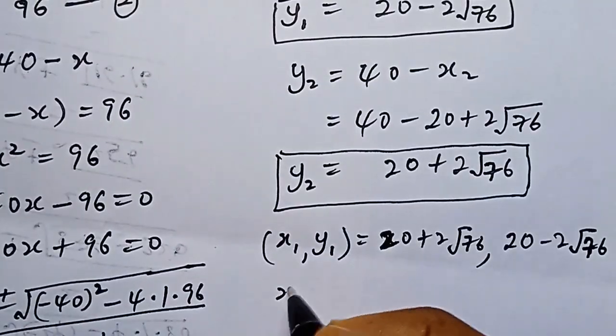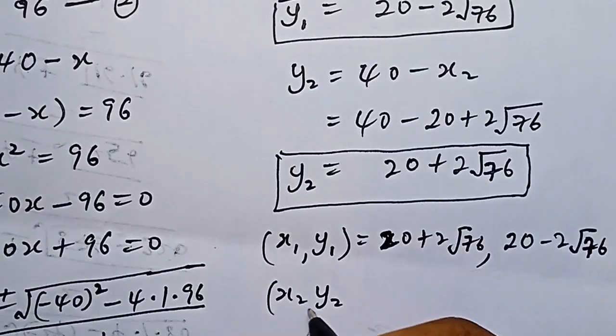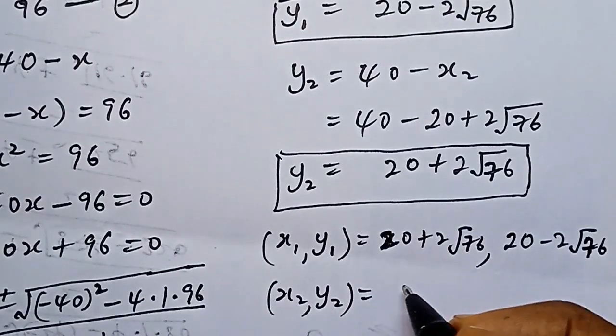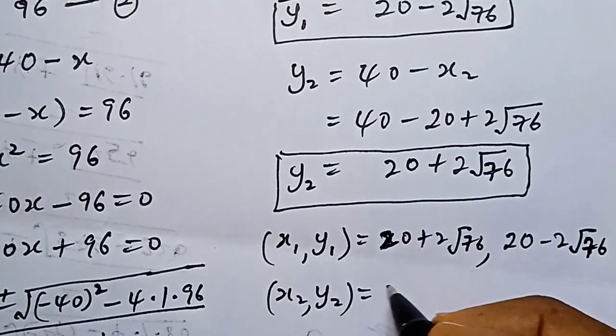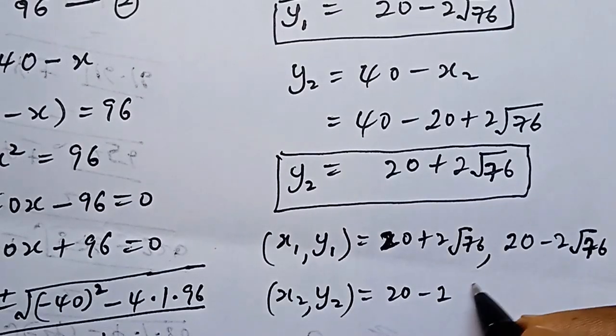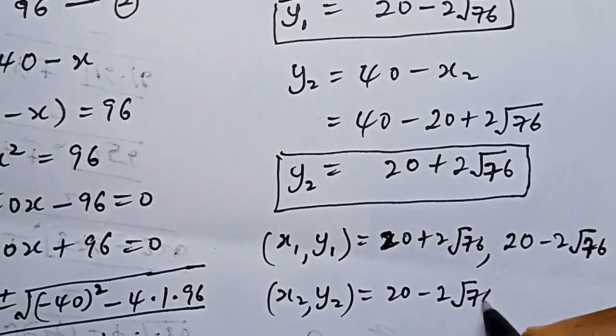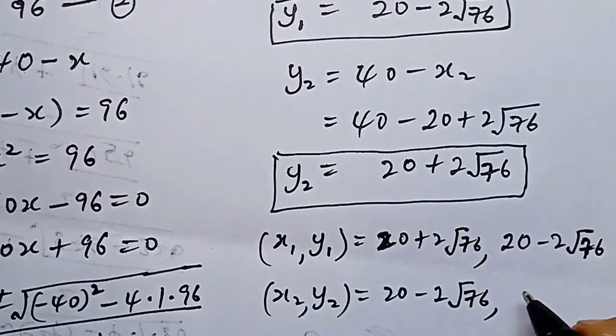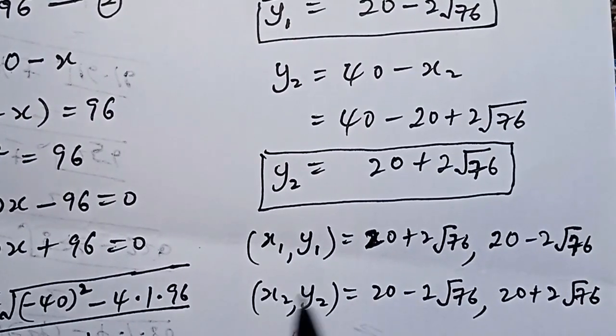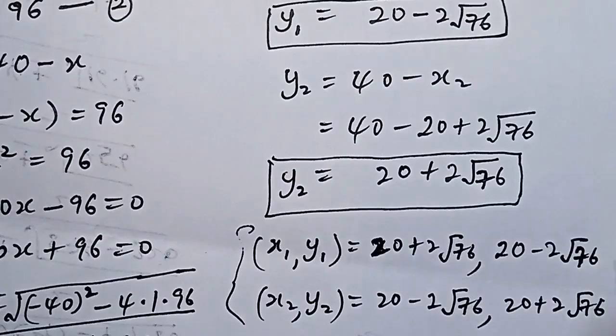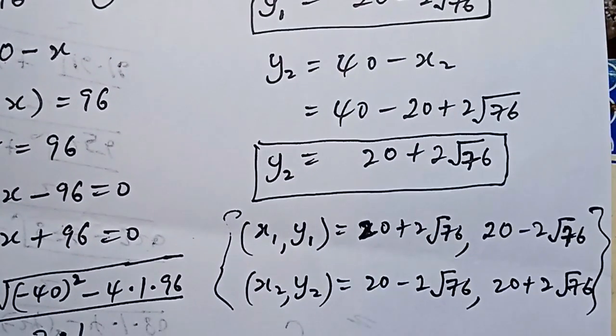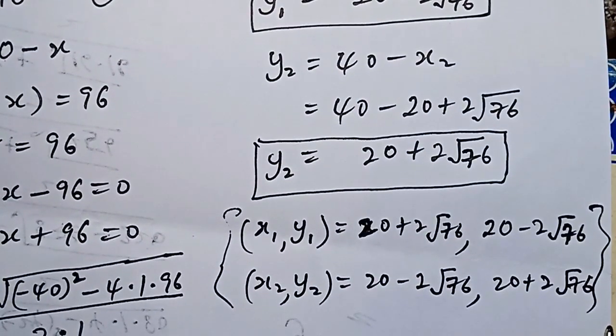And our x2, y2 will be equal to 20 minus 2 square root of 76, comma, 20 plus 2 square root of 76. So this is our value of x and y, that is x1, y1 and x2, y2.